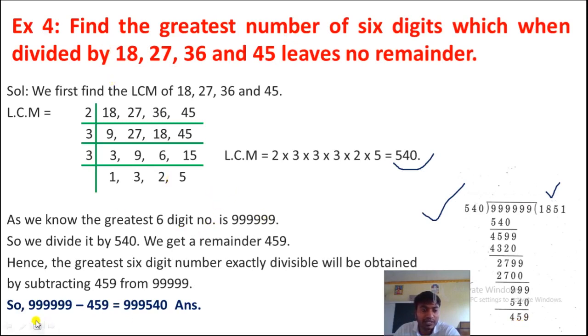As you can see here, 9,99,999, and here we are subtracting this remainder, 459. When we subtract, we will get the exact figure. This is the number. When we divide by 18, 27, 36 and 45, we will get no remainder. Clear? Understood? So this is how we can find the greatest 6 digit number.